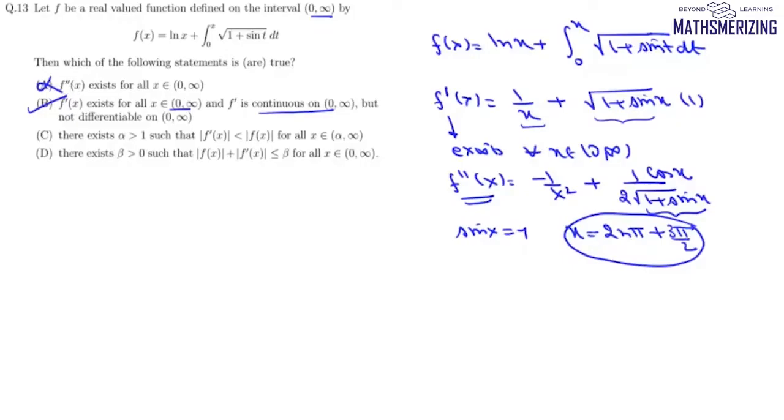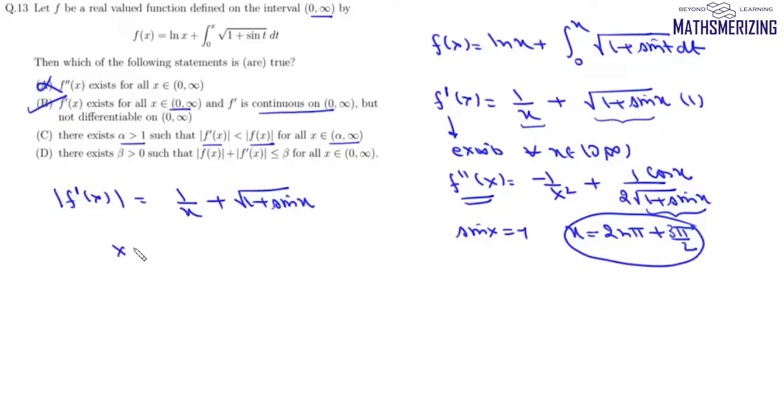Now what about option C? It says there exists some alpha greater than 1 such that mod of f dash x is less than mod fx for all x belongs to alpha to infinite. Now if we look at mod of f dash x, we can write this as 1 by x plus under root of 1 plus sin x.